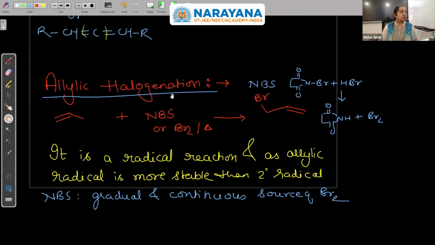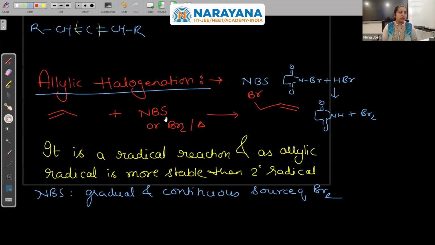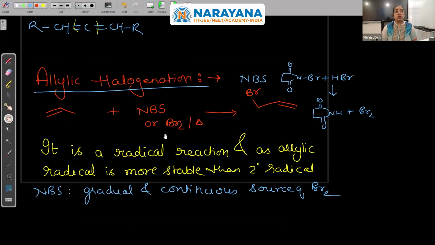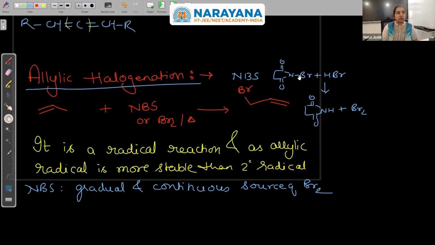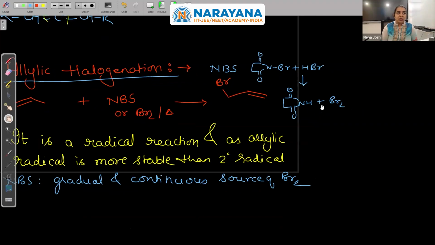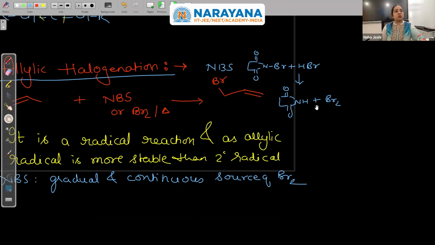Okay. Next, let's go to allylic halogenation, use of NBS or bromine. And 2 years back, 3 years back, we had a detailed integer on NBS in JEE. NBS, N-bromosuccinimide, we use with traces of HBr, small amount of HBr. So basically the function of NBS is to provide Br2 only, nothing more.